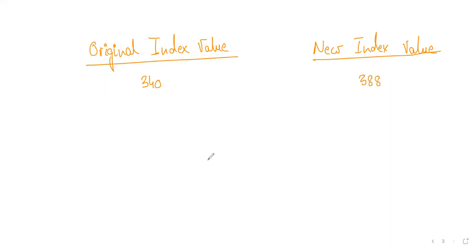Now what you will do here, just like you calculate percentage change in any variable, like we did for GDP when I told you how to calculate the economic growth rate, is calculate the percentage change in the two values that you have.